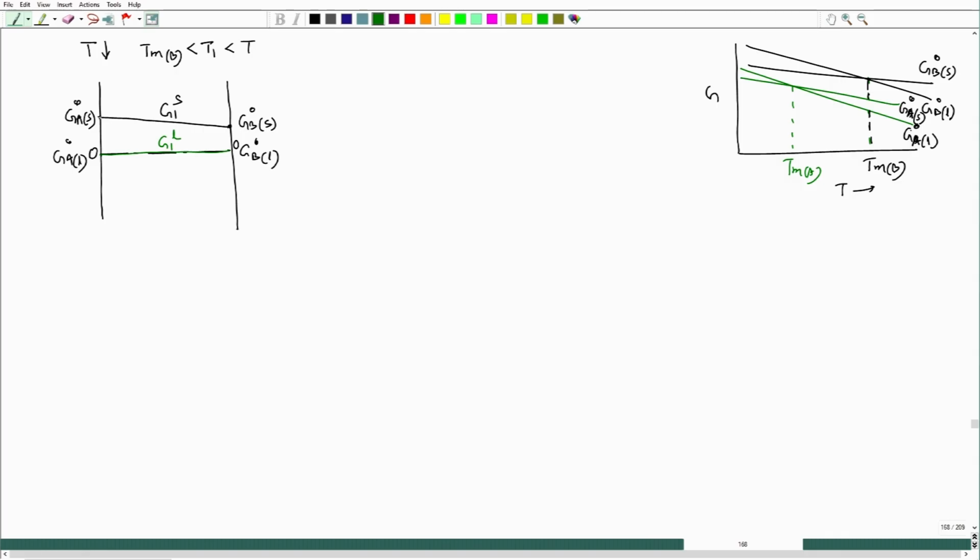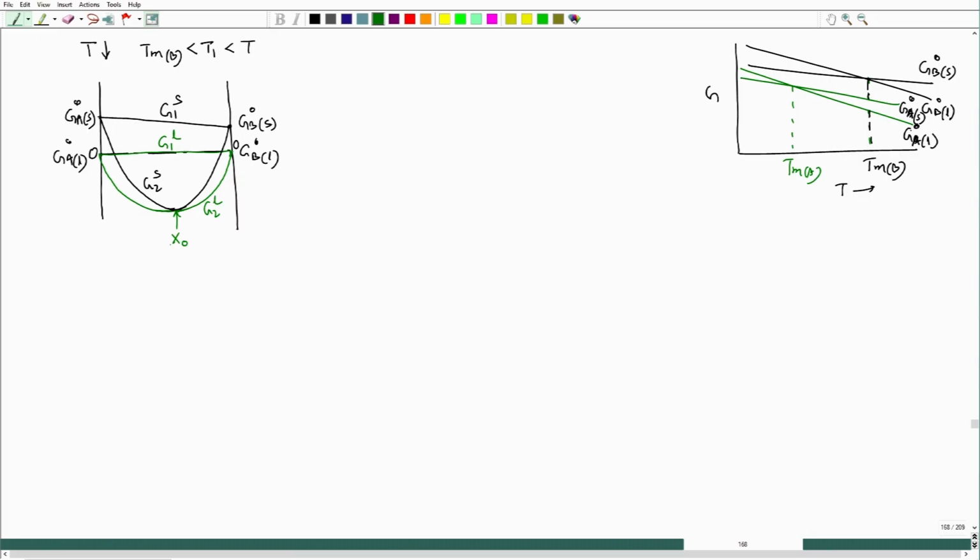G1 solid, if I plot that, G2 solid, this is G2 solid, and G1 solid, G2 liquid, it could be a situation like this. Fine. So, this is G2 liquid, and they are merging at one point.